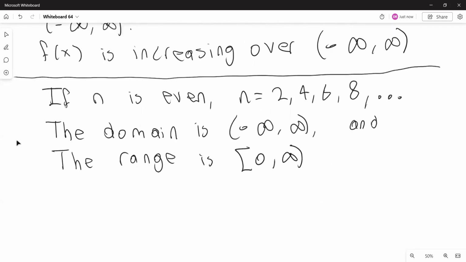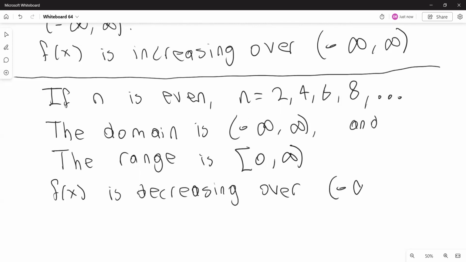So the function is decreasing over -infinity to 0, where we're just going to include open intervals, we're not including the 0, and increasing over 0 to infinity.